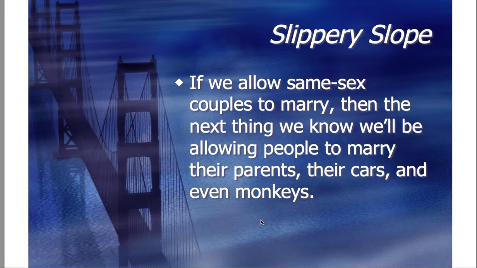No matter how you feel about same-sex marriage, to use this slippery slope argument is really illogical, because just because we are allowing same-sex couples to marry does not necessarily mean that the logical chain of events is that people will be able to marry their parents, their cars, children, animals, whatever. That's not necessarily going to happen. So you have to be careful about that.